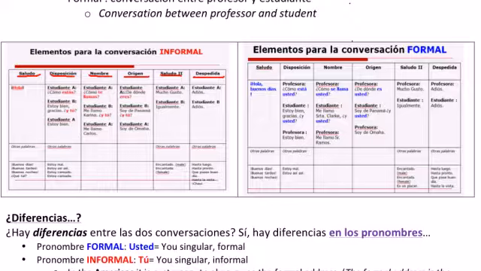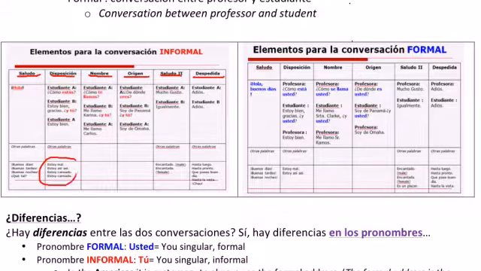Asking how someone is, the disposición, will go through as this. ¿Cómo estás? Estoy bien, gracias. ¿Y tú? Estoy bien. The response for ¿cómo estás? can be estoy bien, but I can also use what's below listed.